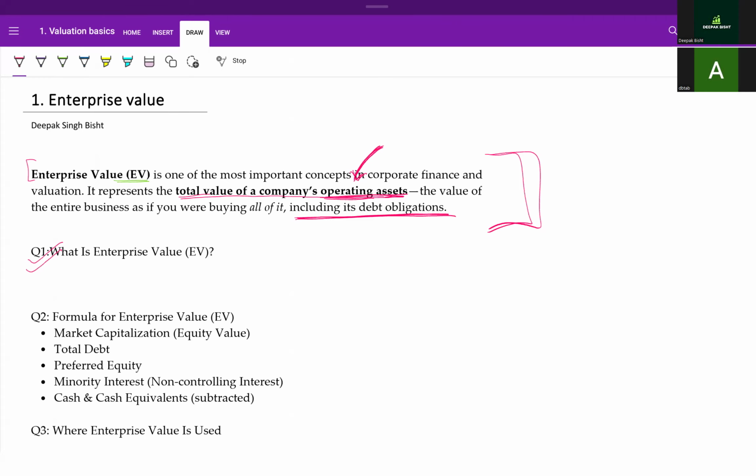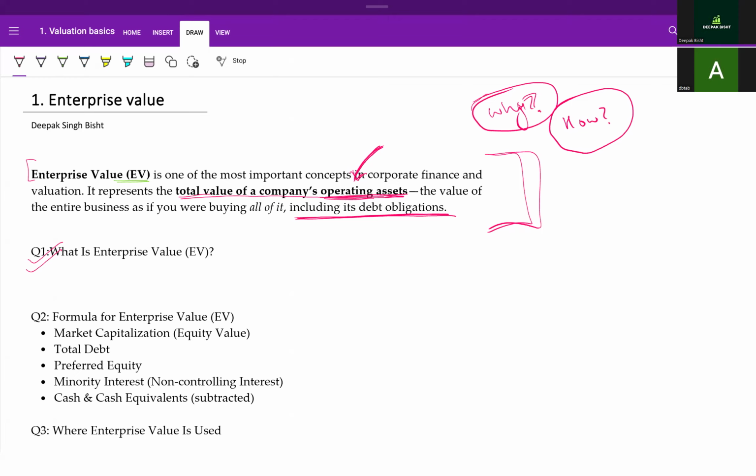After that, what is the formula for enterprise value? If I am going to calculate the enterprise value, how am I going to calculate it? Always ask why and how. If you're talking about anything, always ask why, why, and why.